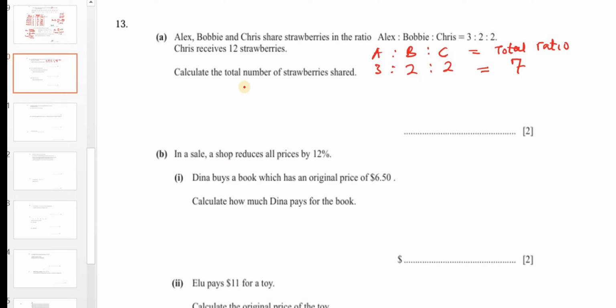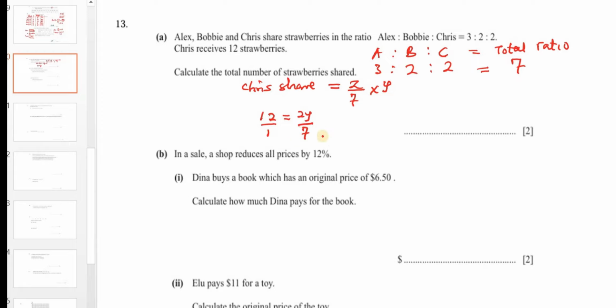Then Chris's share of the strawberries will be the ratio of Chris, which is 2, over the total ratio, which is 7, times the total strawberries shared, which we are required to calculate. Let's call it Y. And remember, we're given that Chris received 12. So we'll put 12, that's the share for Chris. So 2 times this gives 2Y over 7. Let me call this one over 1.